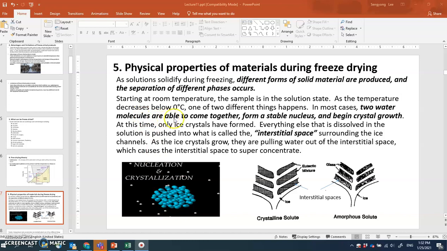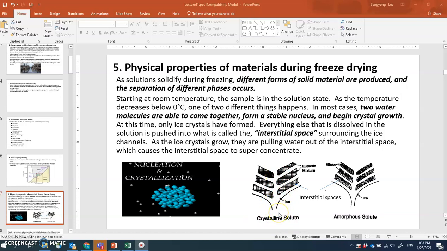Water molecules come together through hydrogen bonding, and then they form a stable nucleus, and then they become crystal. If you look at this under the microscope, you will see channels of a water molecule network. The water molecules come together only among themselves, and they form a network of crystallized water. That's the crystalline water structure.